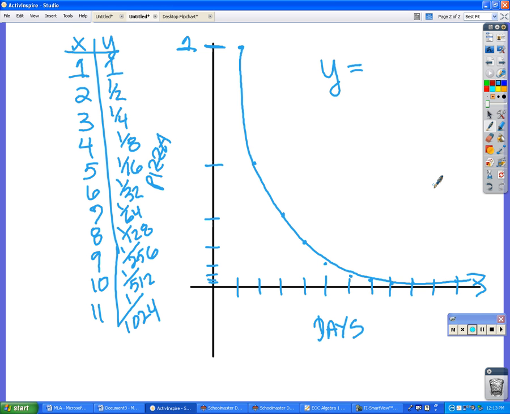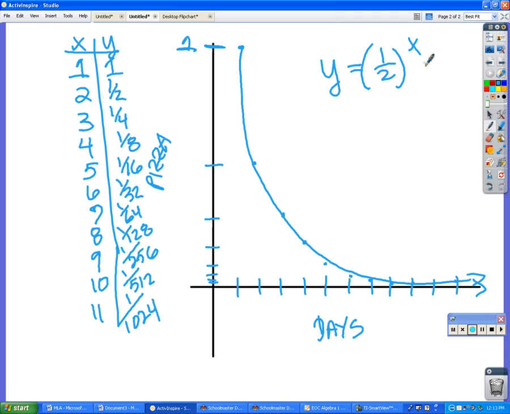Okay, then since it's cutting in half each time, are you ready? The formula, the function rule for that, is y equals 1/2 to the x.